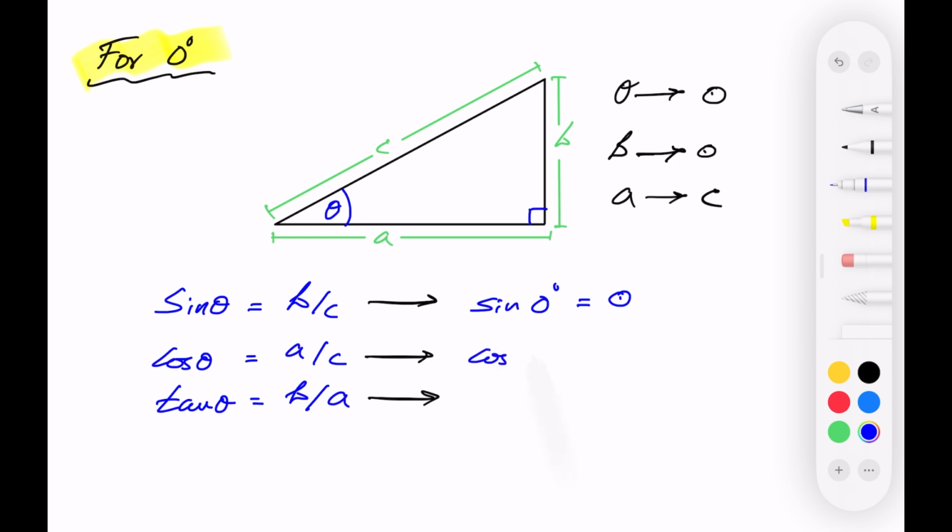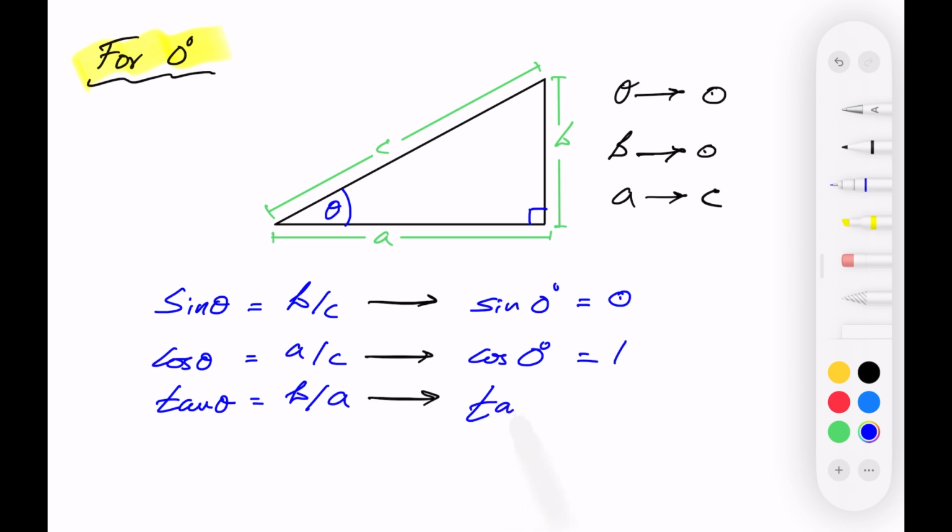Cosine 0, which was originally defined as A over C, and when theta approaches 0, we know A approaches C. If A and C are equal to one another, A over C ratio should be equal to 1.